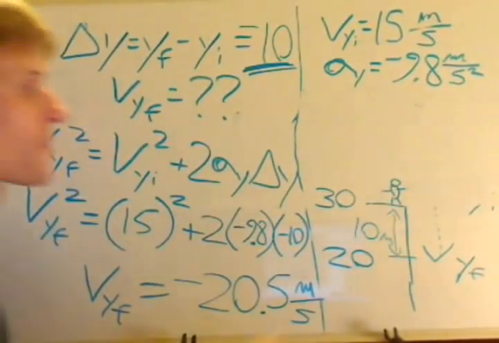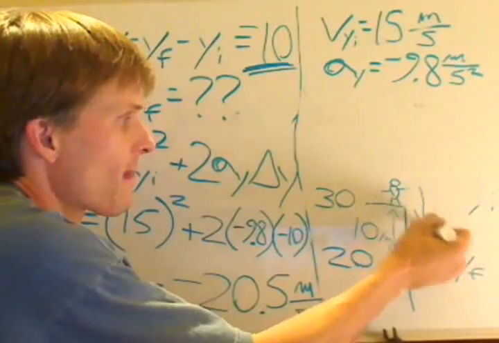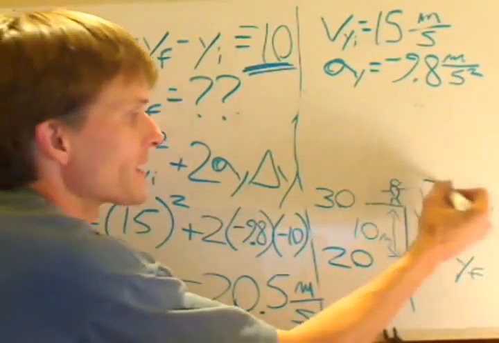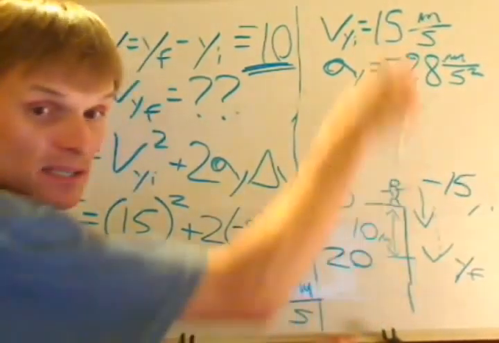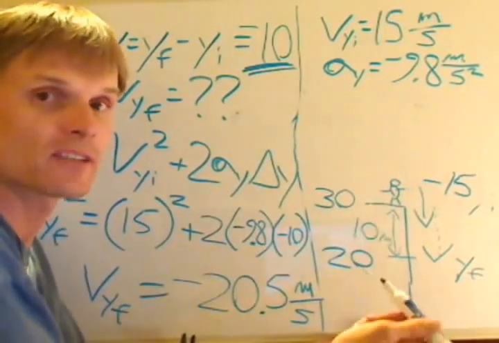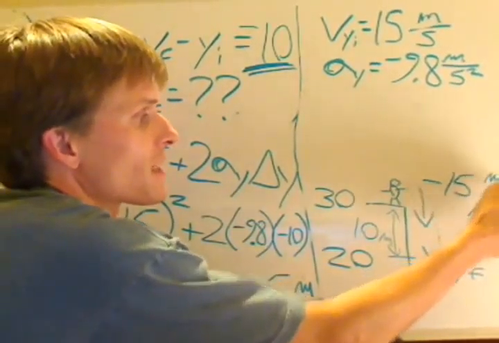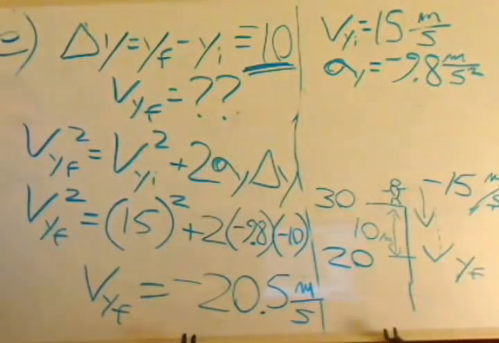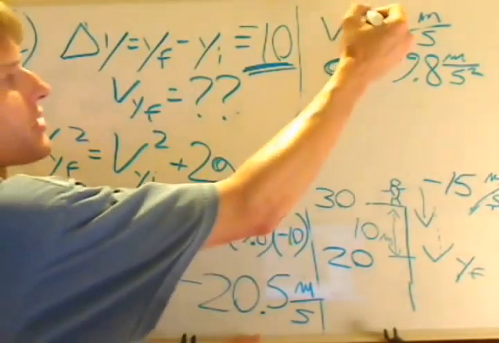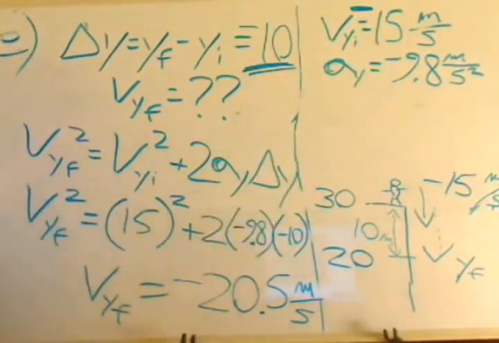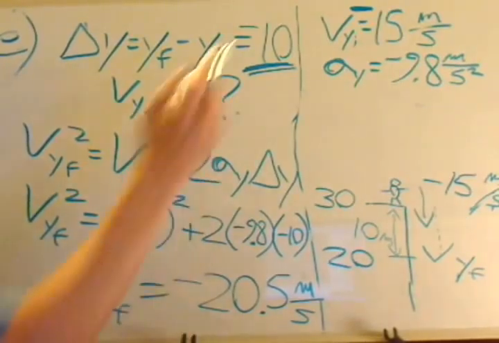The guy throws the ball straight downward at minus 15. Minus because it's downward. Remember, we have to make sure we have the sign straight. So minus 15 meters per second. So the difference up here is that this is actually minus 15 meters per second. Everything else is the same.